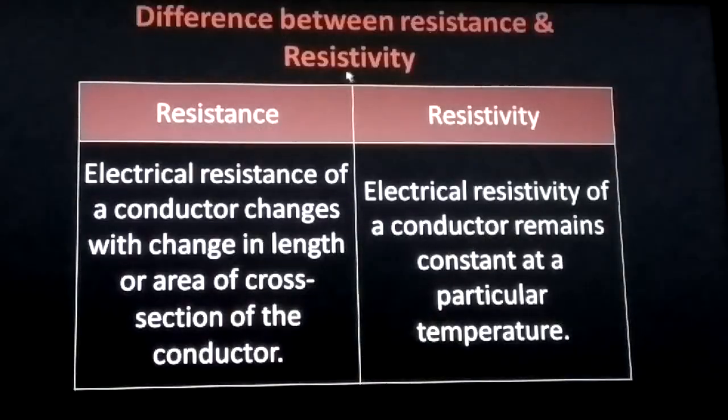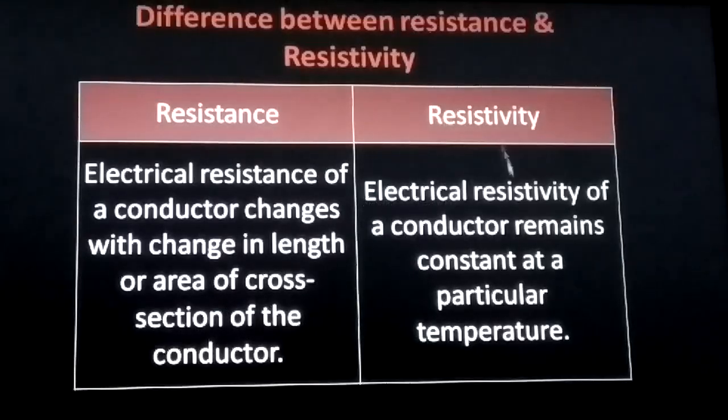Resistance means the electrical resistance of a conductor changes with the length or area of the cross section of the conductor. As the length increases or decreases, the resistance increases or decreases. Similarly, as the area of cross section increases or decreases, the resistance increases or decreases.